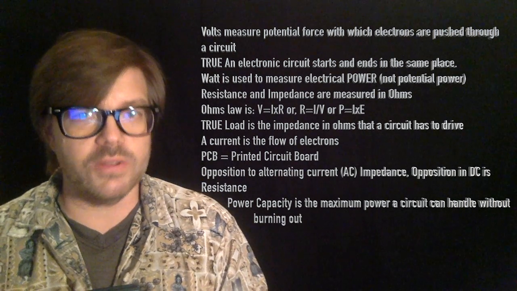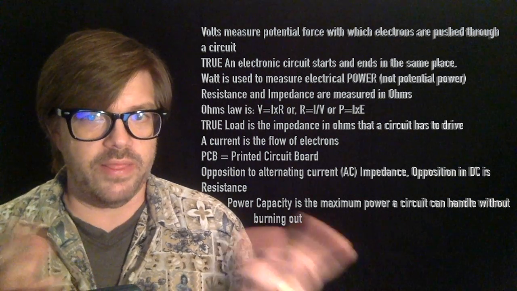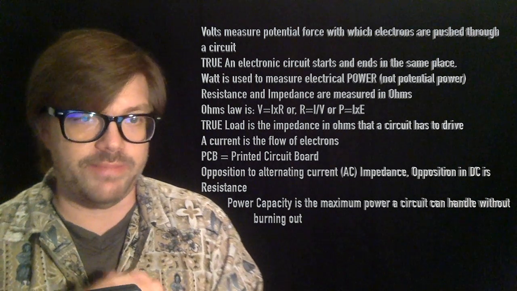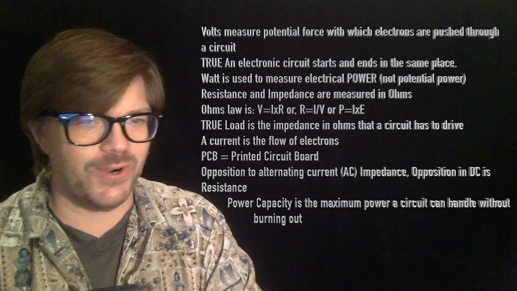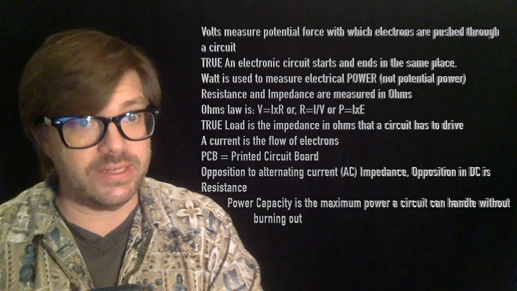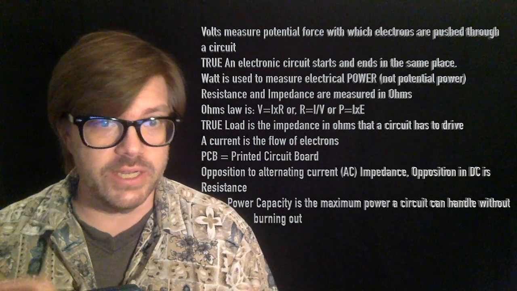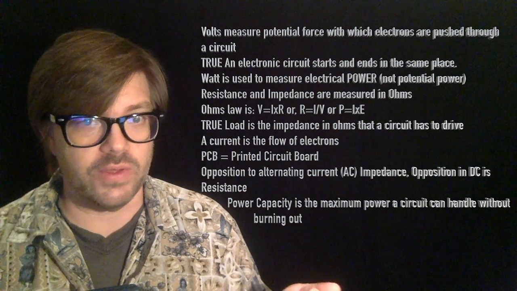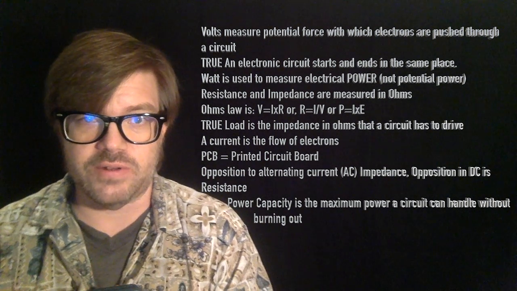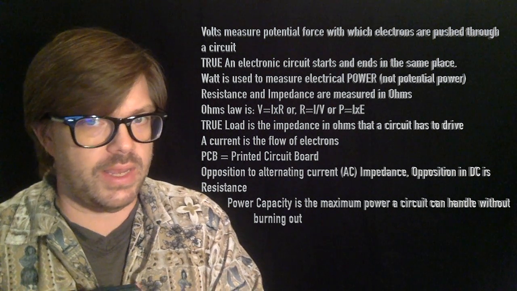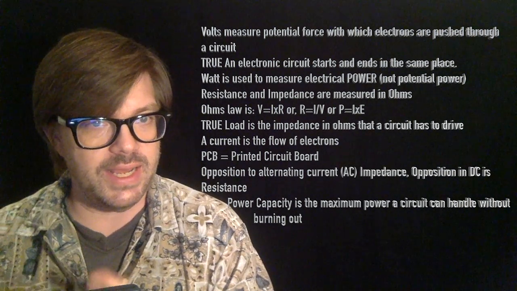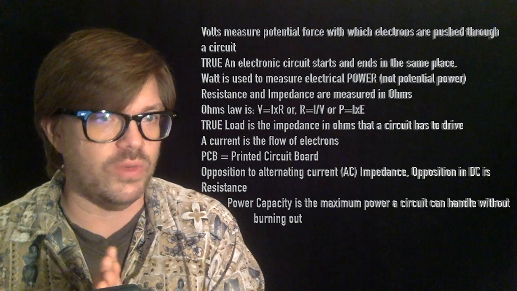Okay, in alternating current, the resistance or the opposition that we were talking about before, I'm going to use the word impedance. So like guitars, as we are plugging those in, they will often talk about high impedance and low impedance. Opposition in DC, we're going to call resistance.